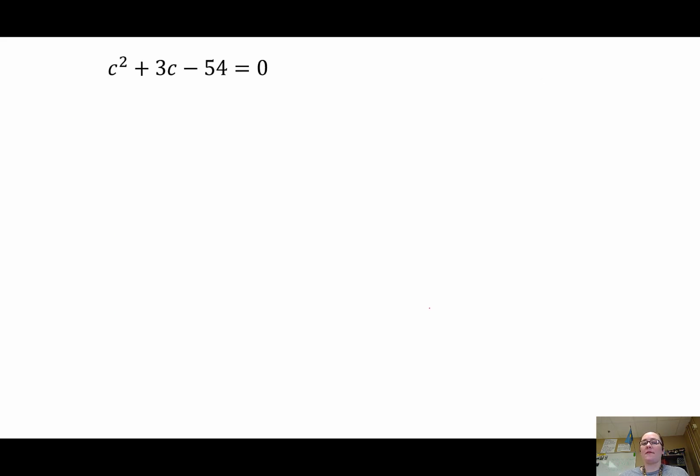All right, let's do another one. We got to factor this. So we're looking for factors of negative 54 that add to 3. So let's start with factors of 54.